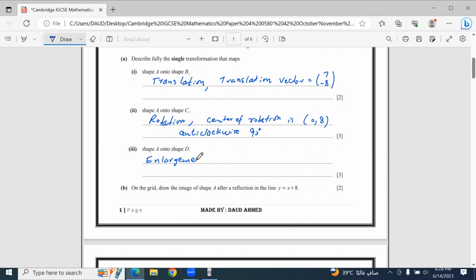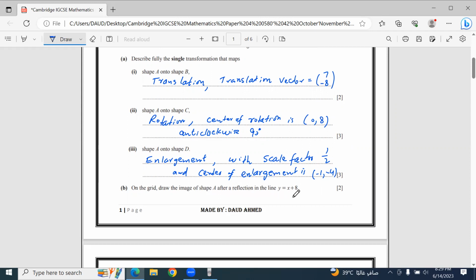Enlargement, and with scale factor 1 by 2 and center of enlargement is -1, -4.